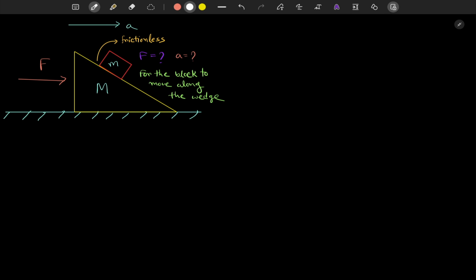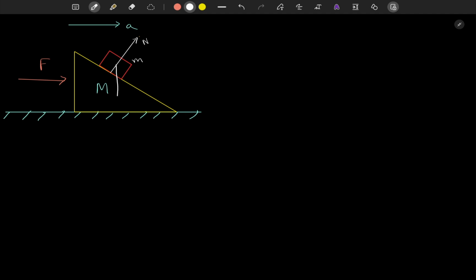At first we can draw the free body diagram of the red block m. At any moment there will be a normal force acting on this small m, the red block, and I will denote it with capital N. There is also another force acting on small m, which is the gravitational force.